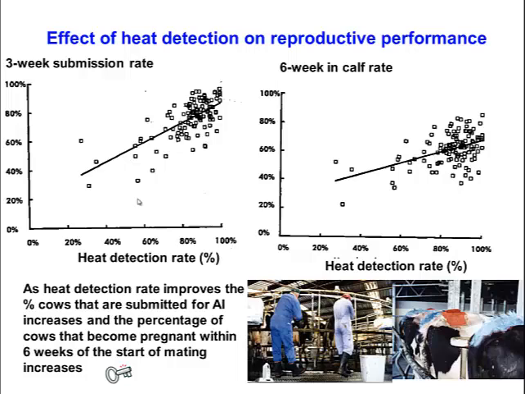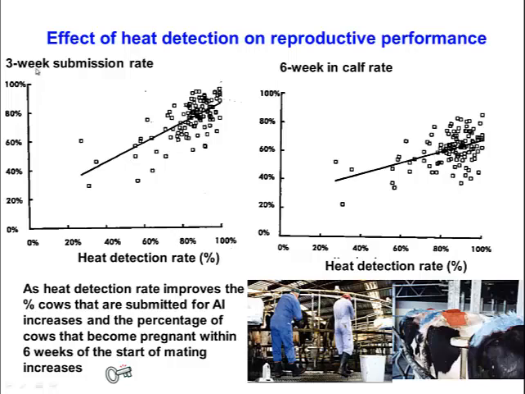So in herds where a lot of cows are detected in heat at the right time, and they're detected in heat accurately, then that will improve reproductive performance. This graph here shows you the relationship between the three-week submission rate and the heat detection rate.